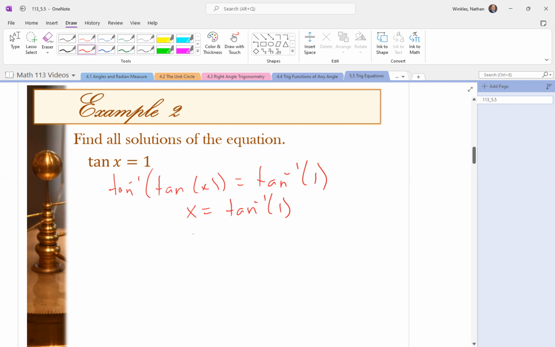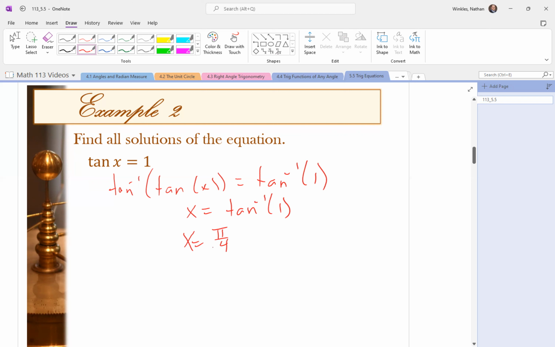We know inverse tangent is only defined between negative pi over 2 and positive pi over 2. So the only acceptable answer inside the inverse tangent's range is x equals pi over 4.